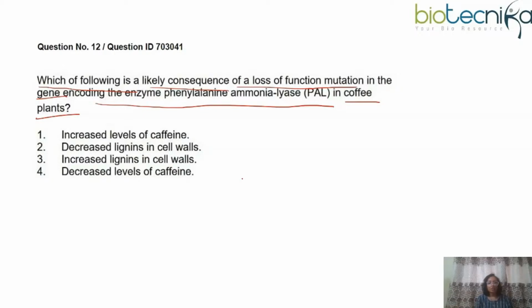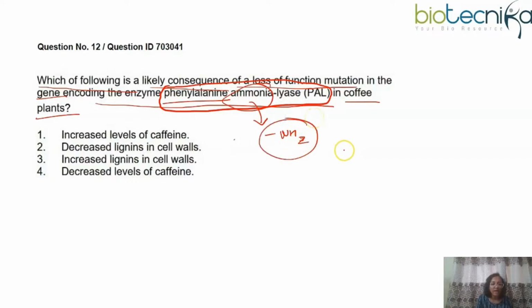Correct? So the starting amino acid is phenylalanine, and it is acted upon by this enzyme which is phenylalanine ammonia lyase. The name of the enzyme tells you that from phenylalanine, ammonia is going to be removed. The NH2 amino group will be removed as ammonia. So what remains then?